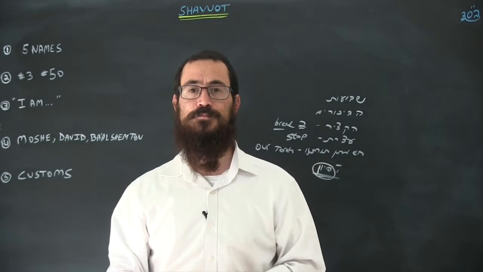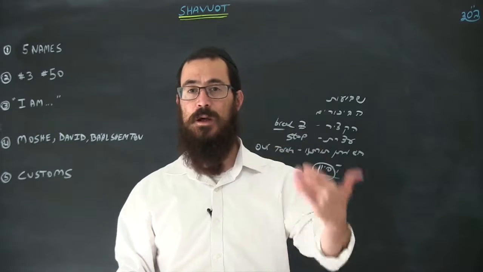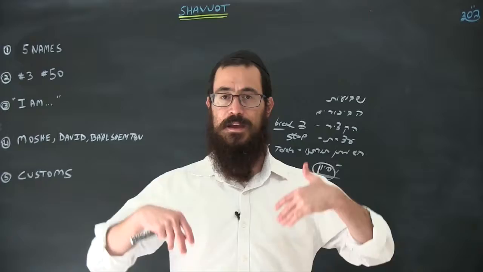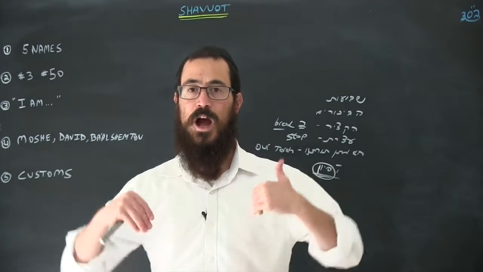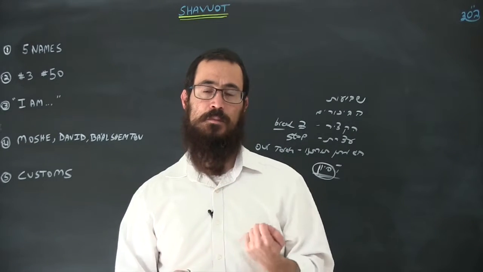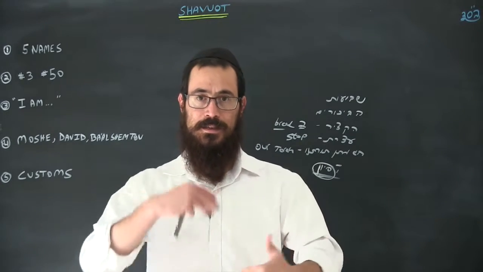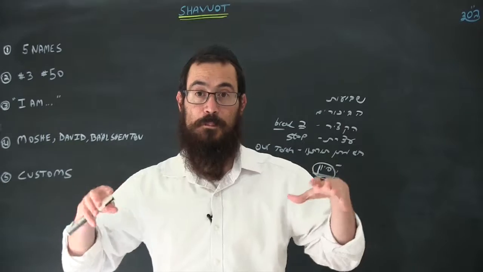The answer is that during the 1st month, the month of Nisan, there is a revelation from above to below, where God took us out of Egypt. And then during the 2nd month, the month of Iyar, the month of the ox, there's the reciprocation from our part, where we go from below to above.